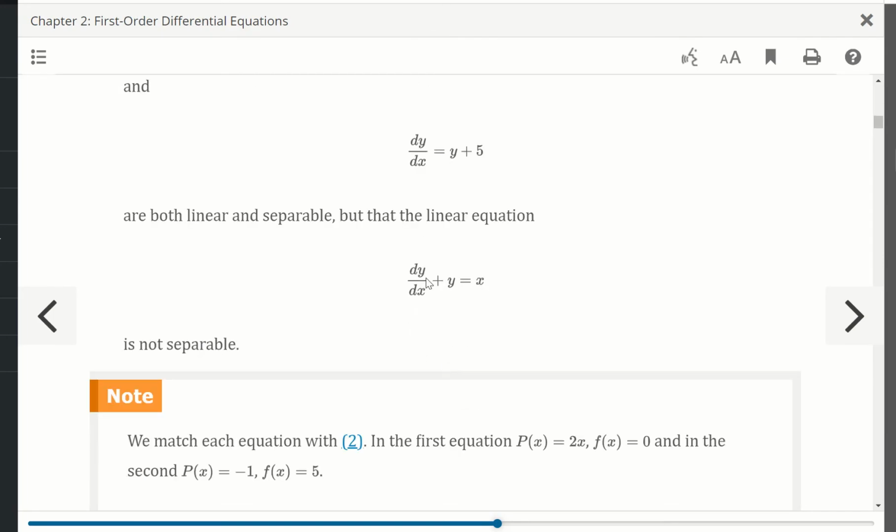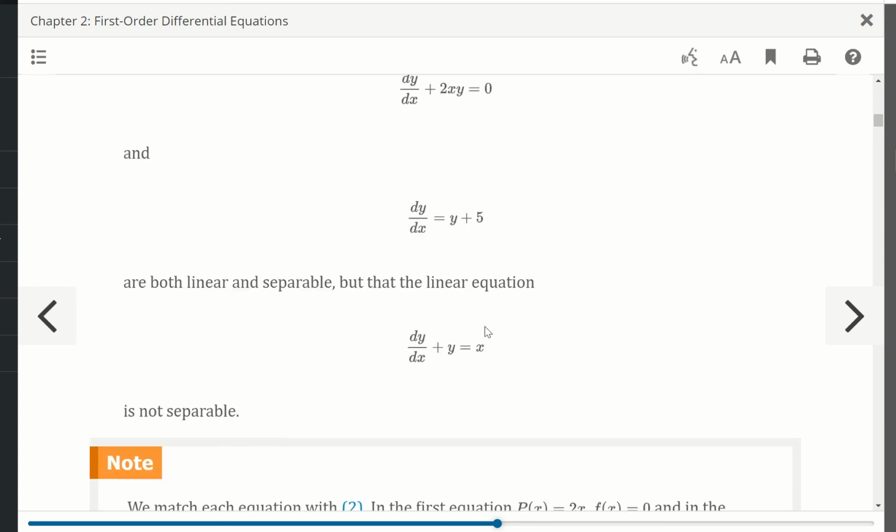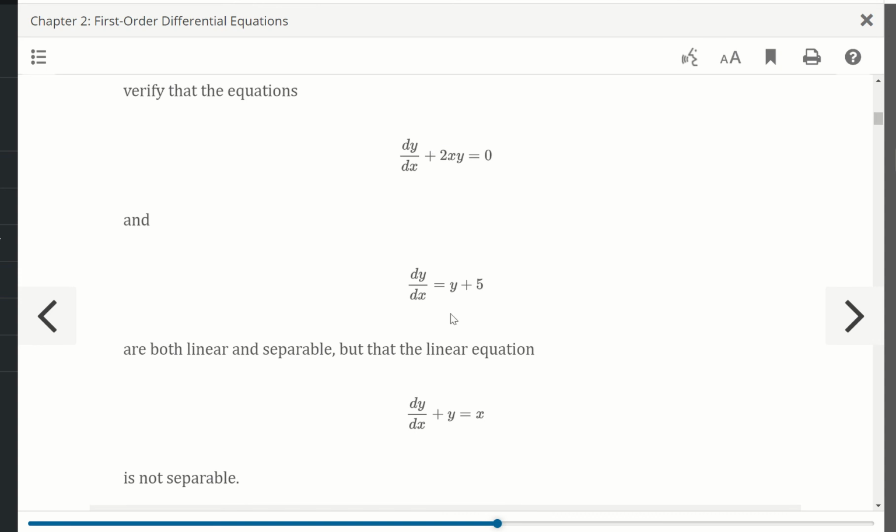This one here is also in standard form already for us, thankfully. We have a 1 dy dx plus y equals to x. Here p of x would simply be the function 1, and f of x would be the function x. Of these three first order linear ODEs, one of the things that we could take notice of is that this one and this one are separable.